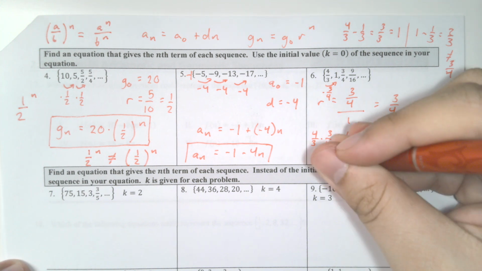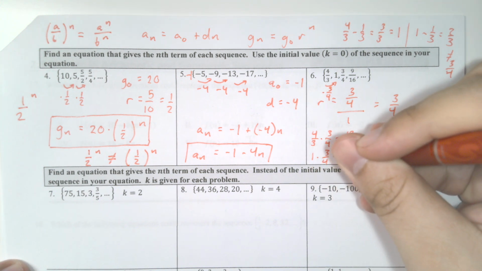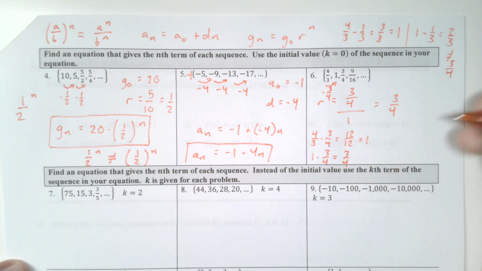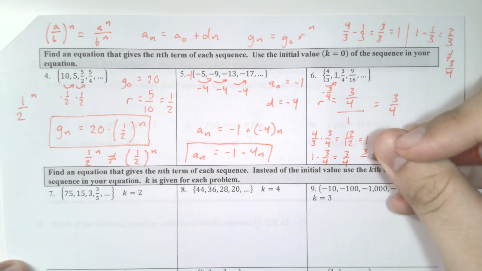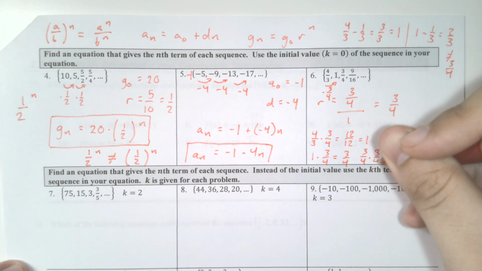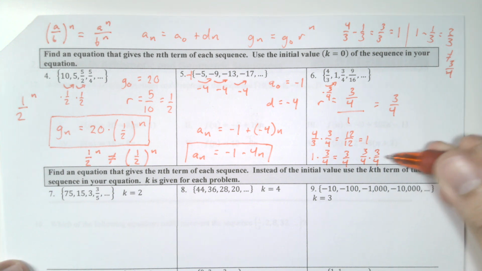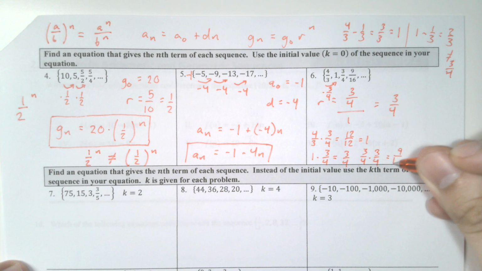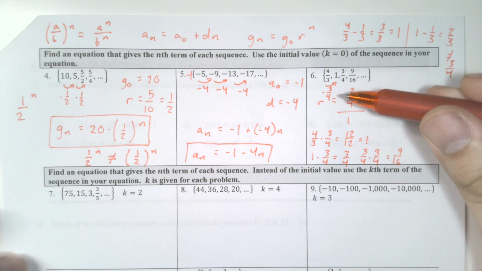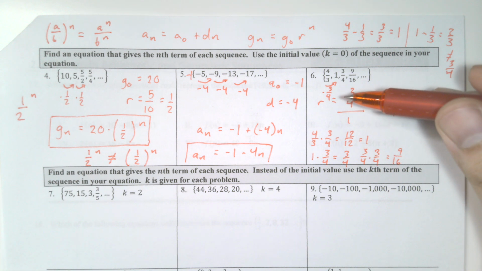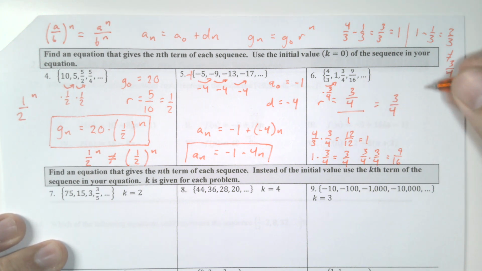And then 1 times 3/4 is 3/4. So that checks out. And even if I do 3/4 times 3/4, remember, if we're multiplying fractions, we have 3 times 3, which is 9, and then 4 times 4, which is 16. So clearly, we've shown here that 3/4 really is our ratio.